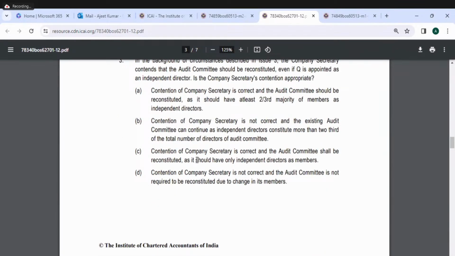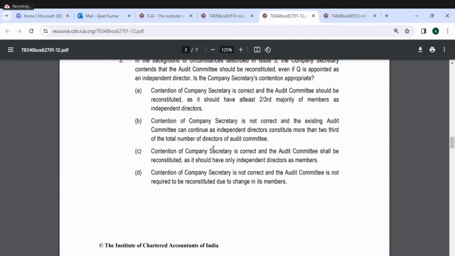if we see the options, option A says the contention of company secretary is correct and the audit committee should be reconstituted. Option B says the contention of company secretary is not correct. Option C is also saying that the company secretary is correct.